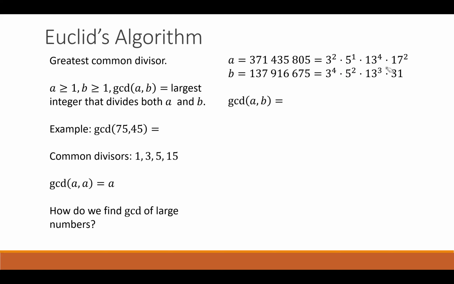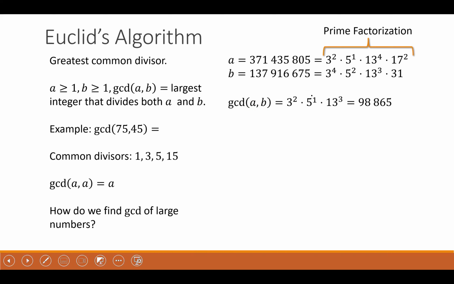Okay. And then how do I find the greatest common divisor? Well, I'm going to take all of the common factors from both of them. So if I can find the prime factorization, finding the greatest common divisor is easy. I have 3 squared here and 3 to the 4. Well, I have 3 squared in common.